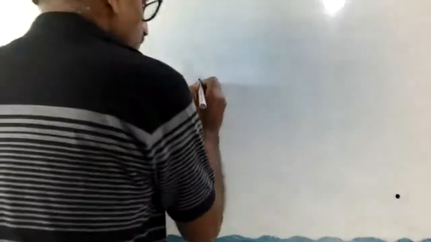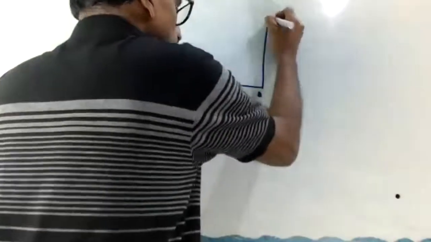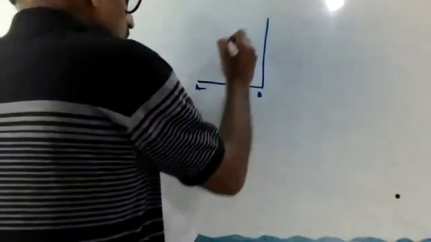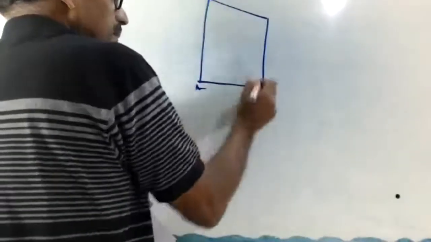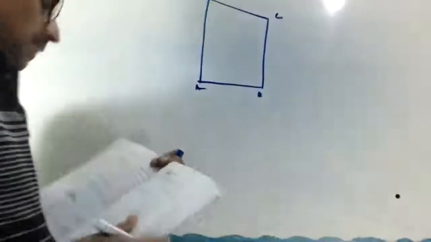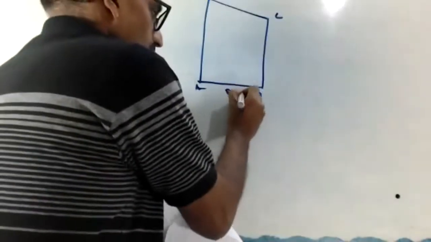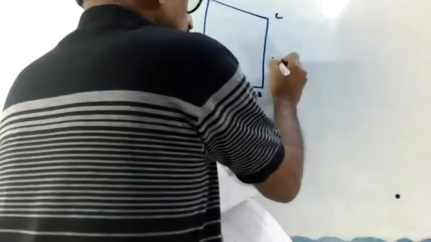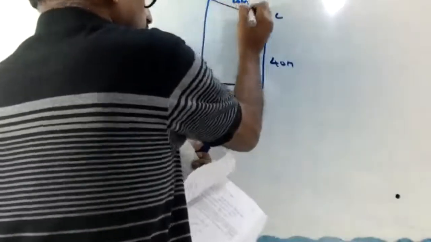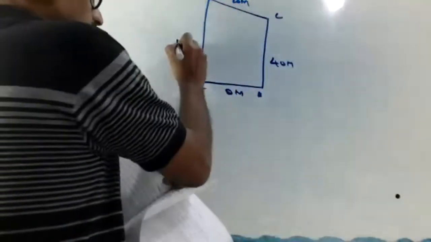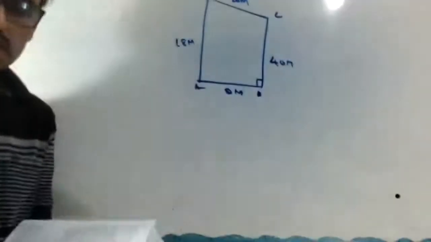So here A, B, then it is going like this, A, B, C, D. This one is 9 meter, this one 40 meter, this is 28 meter, and this one 15 meter. This angle 90 degrees is given. This is the question.